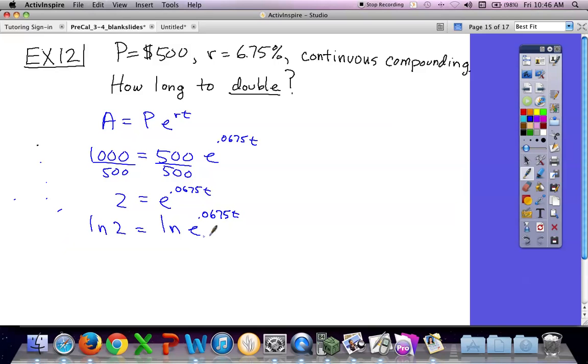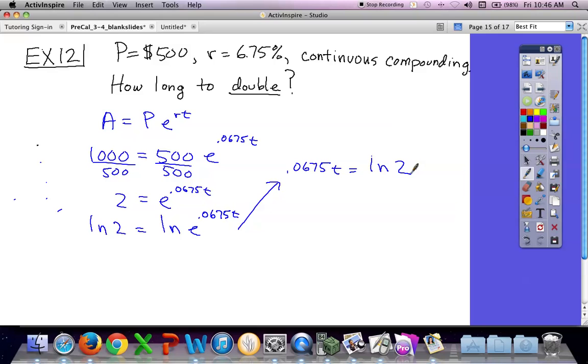Right? But how does that simplify on the right? What is ln of e to that? It's going to be the exponent, right? Remember, this is like taking the composition of a function and its inverse. So now we've got 0.0675 times t equals ln of 2.